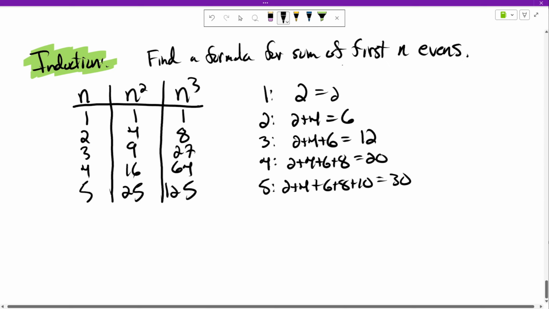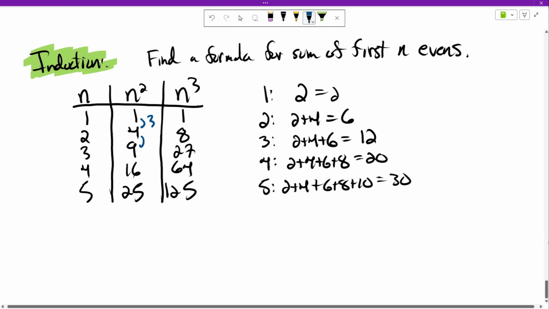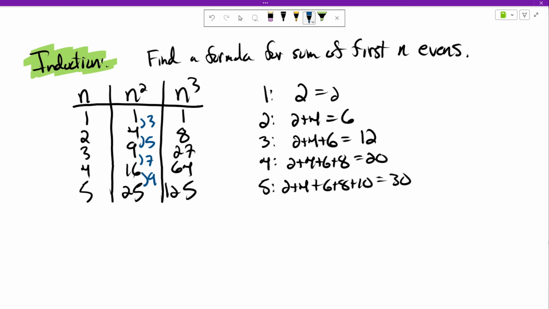Now, we want to think about this as kind of a sequence, 2, then 6, then 12, then 20, then 30. And we want to somehow try to compare growth rates. So here, the jump is 4. Here, the jump is 6. Here, the jump is 8. Here, the jump is 10. So it seems to be going up by not too much.